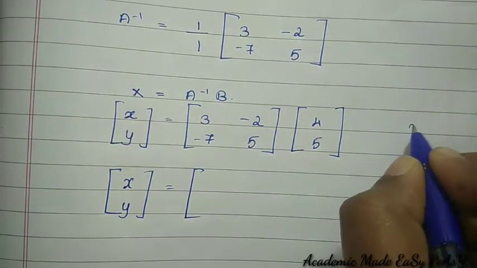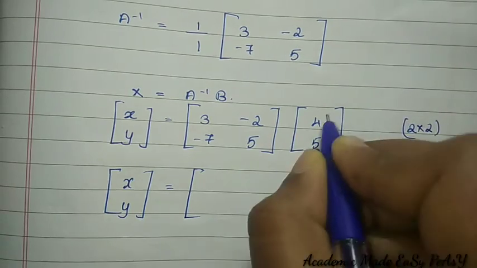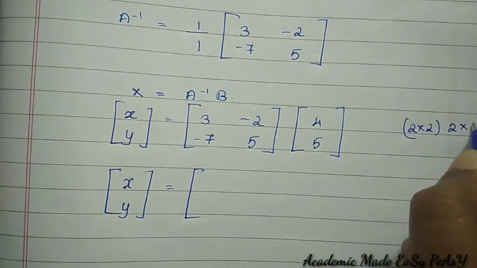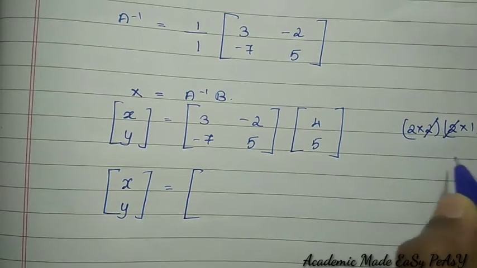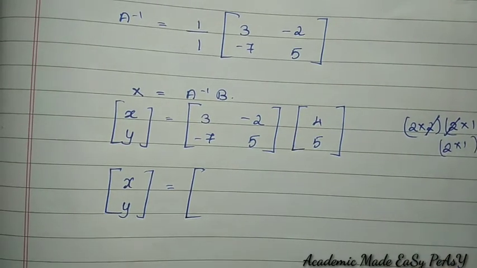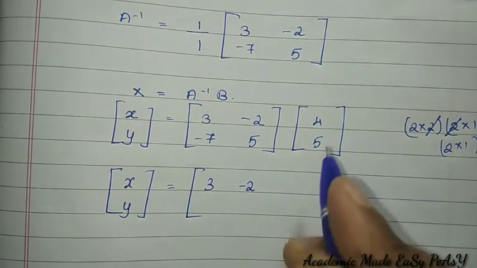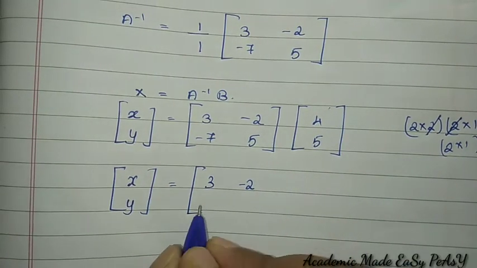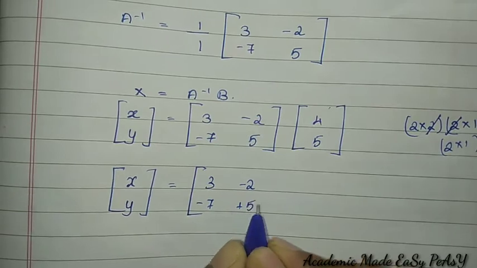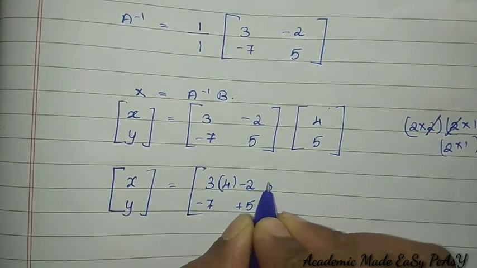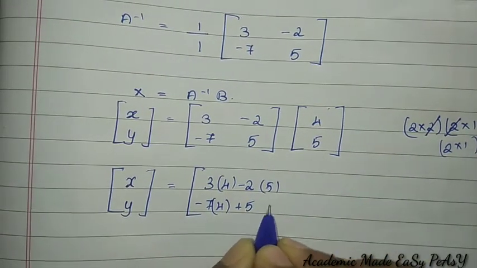My first matrix is of the order 2 by 2, and my second matrix is of the order 2 by 1. So 2 and 2 will get cancelled. So 2 by 1 is the final answer. So 3, -2, I will be taking only once. Why? Because I have only one column. So -7, 5, and 4, 5.